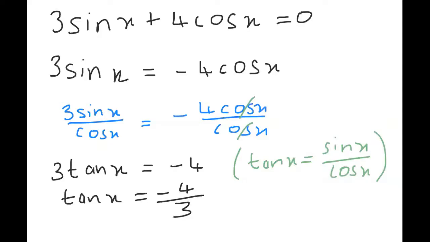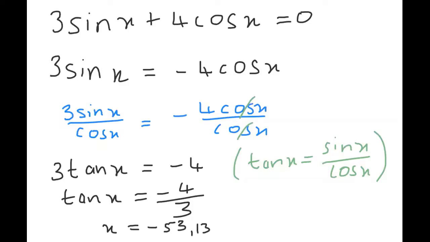And again, now we're at the part where we have to work out x, and I'm going to do it on the calculator. It's going to be too long if I show you my calculator. So I'm just going to enter minus 4 over 3 and the inverse tan on my calculator. You can see what you have. The answer I get is minus 53,13.